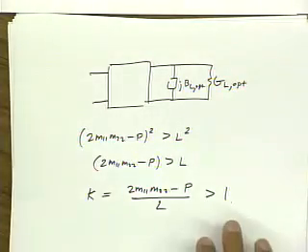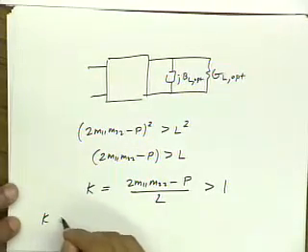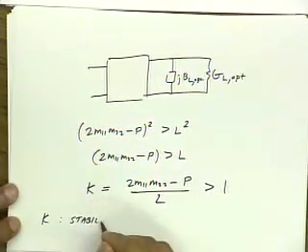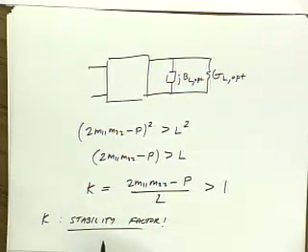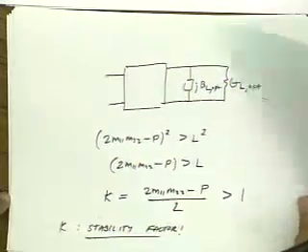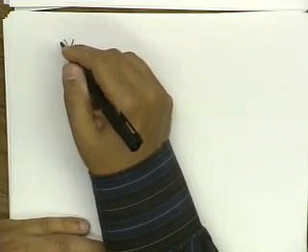Now what's interesting is that k is actually called the stability factor, and it plays a really important role. In fact, the equations we derived for the optimum load impedances can all be reformulated in terms of k.